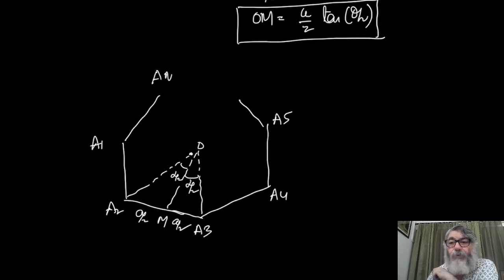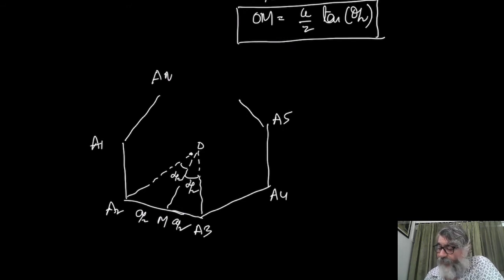This will divide into two parts because it is an isosceles triangle. This is the basic theorem you know: if we drop a perpendicular from the vertex of an isosceles triangle to its base, it bisects the base and it also bisects the vertex angle. So this is alpha by 2 and alpha by 2.